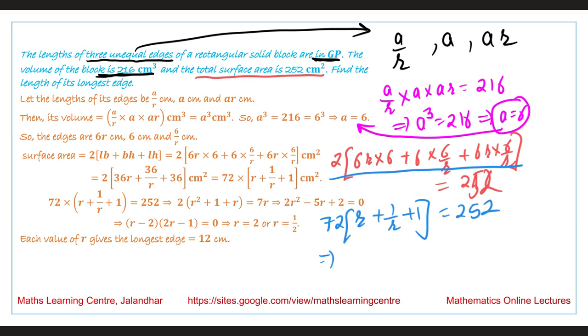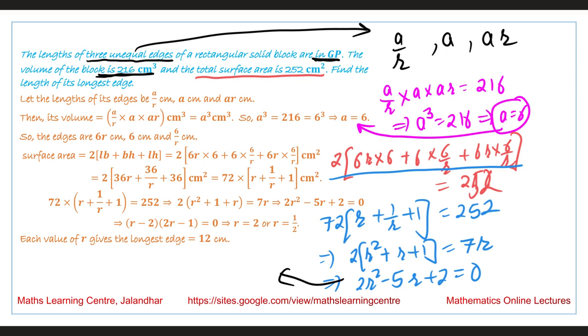This implies that 2r squared plus r plus 1 is equal to 7r. So 2r squared minus 5r plus 2 is equal to 0. If you factorize this, the answer you obtain is (r minus 2) into (2r minus 1) is equal to 0. So r is equal to 2 or r is equal to 1 by 2.